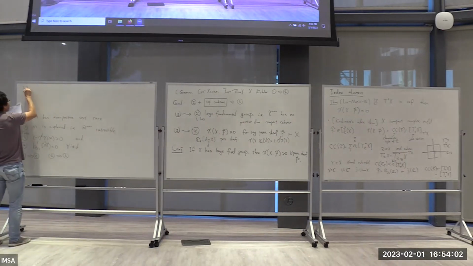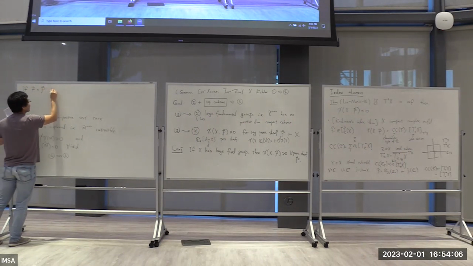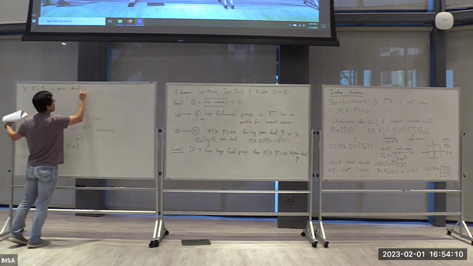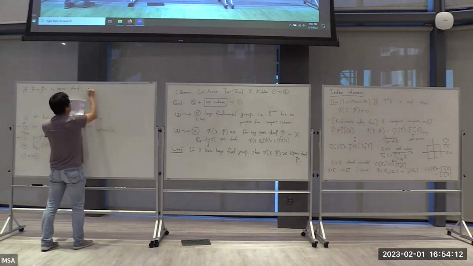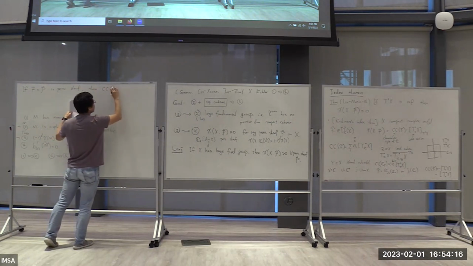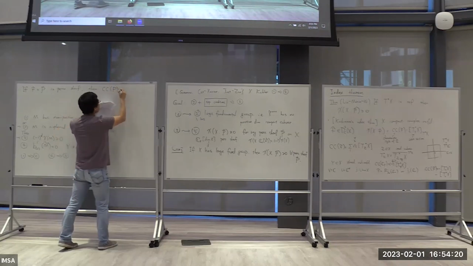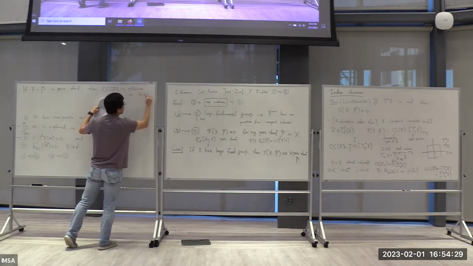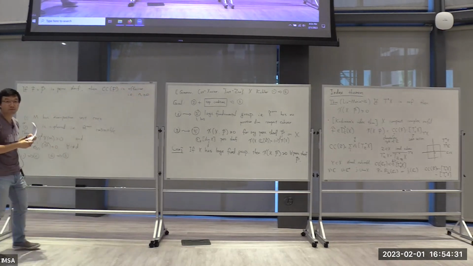So this is a fact: if F equals P is a perverse sheaf on a complex manifold, then the characteristic cycle of P is effective, which means all the n_i are non-negative integers.